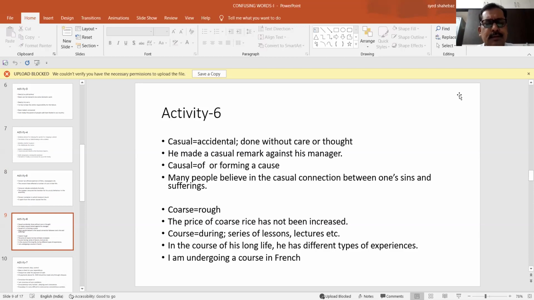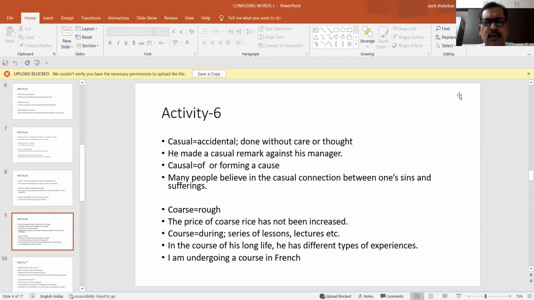Next set of homophones, coarse. C-O-A-R-S-E, coarse means rough. The price of coarse rice has not been increased. The price of rough rice has not been increased.